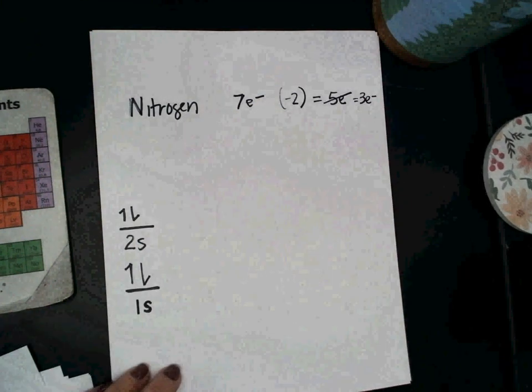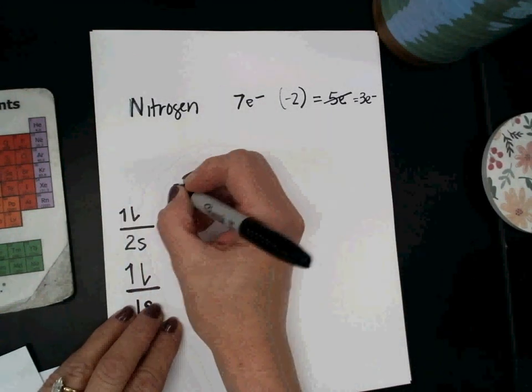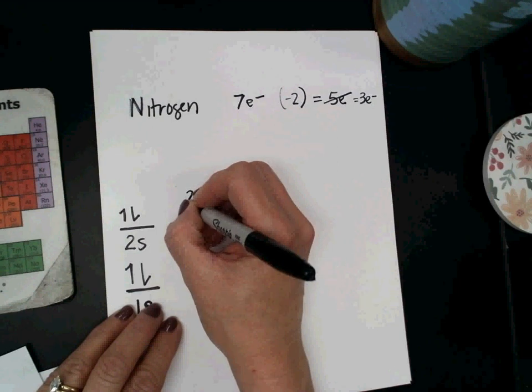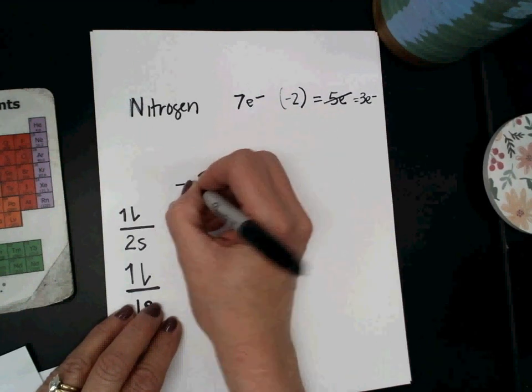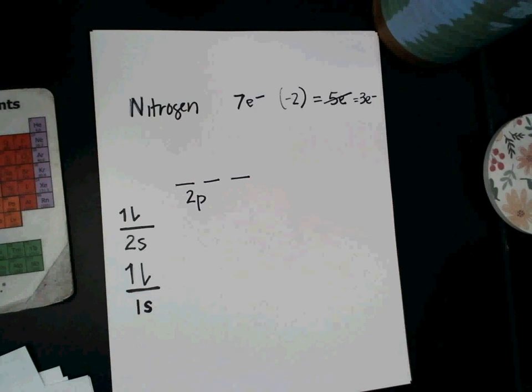After 2s, what fills? Okay, so let's deal with our 2p. Notice how the 2p is a line up and a little bit over. So that's exactly what I'm going to do. Up and over. I'm going to write 2p, and I'm going to draw my 3 orbitals, because p has 3 orbitals.